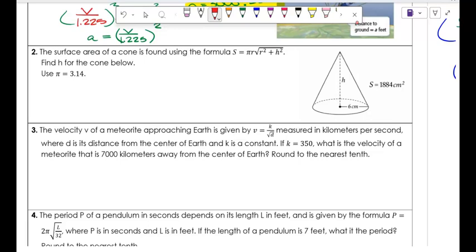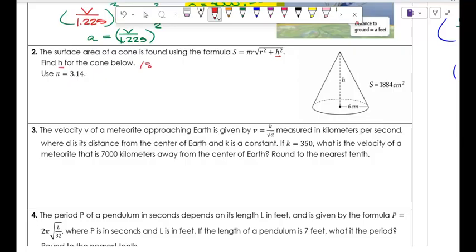So here, I'm going to go ahead, take the formula, and recognize that it asks me to solve for h. I've got h right here. I also have an S right here, so that's going to go in for this S. And I have an r right here as the 6 centimeters. So I have all of my variables except for h, so I'm going to go ahead and substitute in.